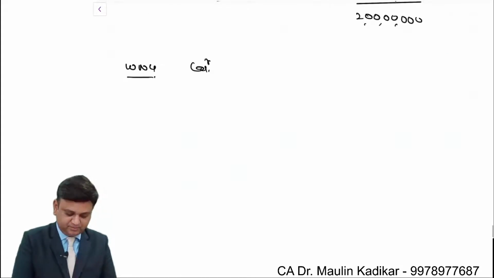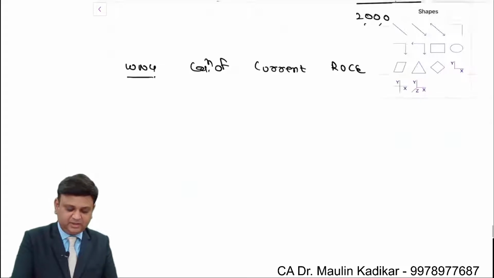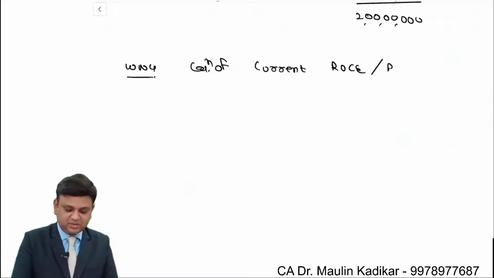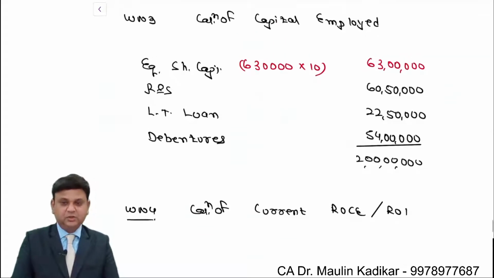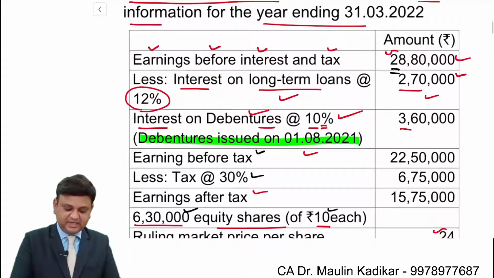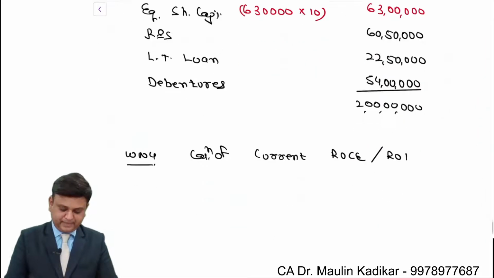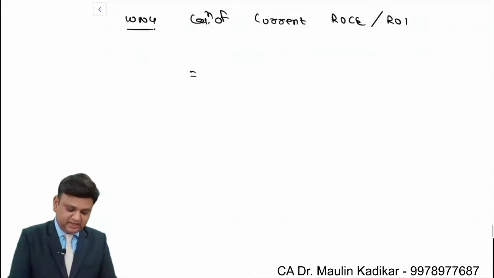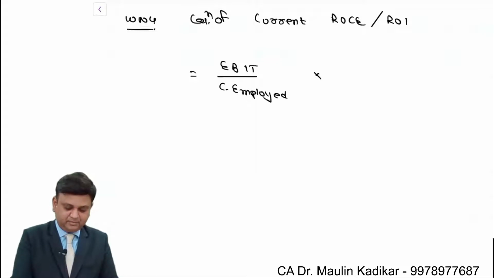Working note number 4. Calculation of current return on capital employed / return on investment. So we are required to find the current, that is the present one. It is 28,80,000. So over here it is EBIT divided by capital employed multiplied with 100.